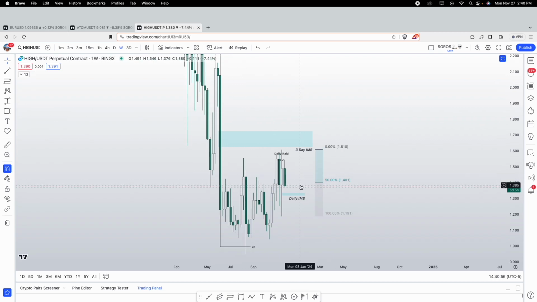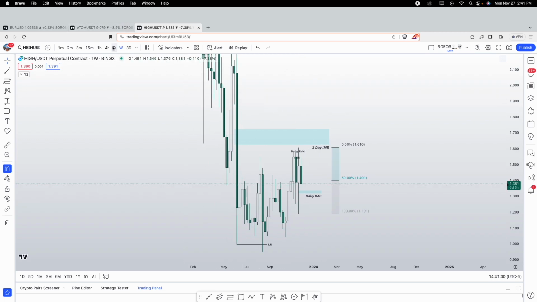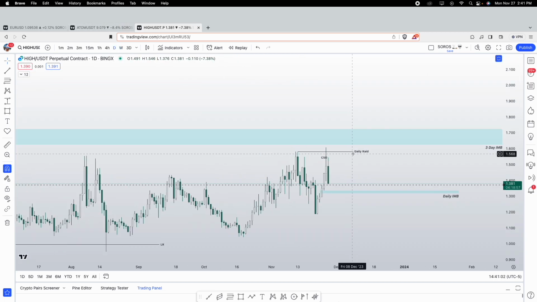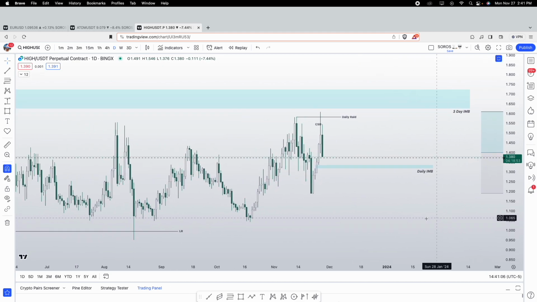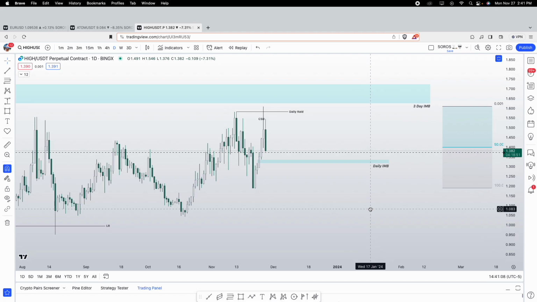So I'm looking to reverse the trade whenever we enter the daily imbalance here. Now, the other thing I noticed for this one, it seems to be respecting the OTE, or optimal trade entry, which are the fibs between the 618 and the 786 within each dealing range.